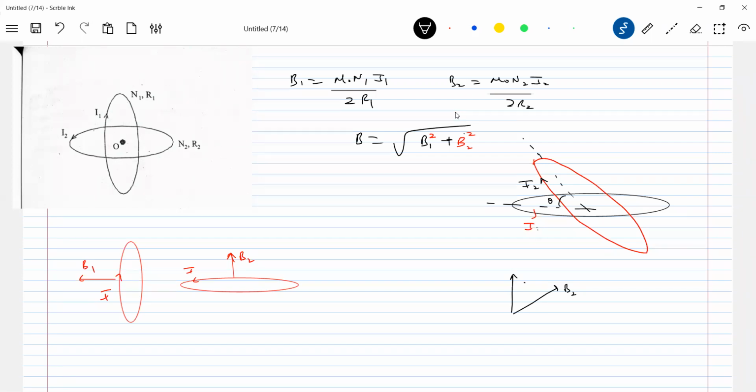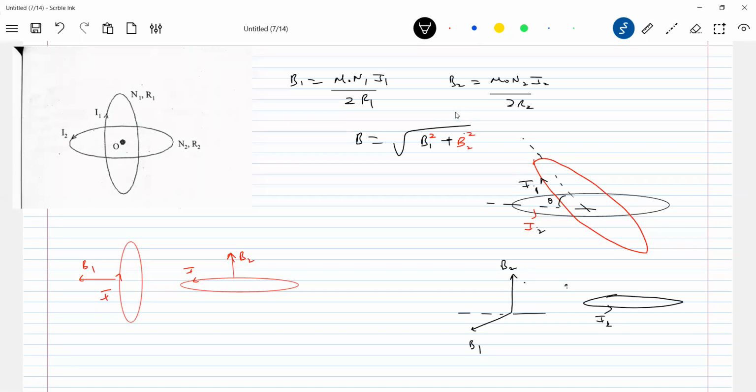Okay, the same symbols I'll use. It'll be easy for you. This is B2. This is B1. Try to look, I made some corrections. Due to only ring 1, if finding difficult, draw individual diagrams.